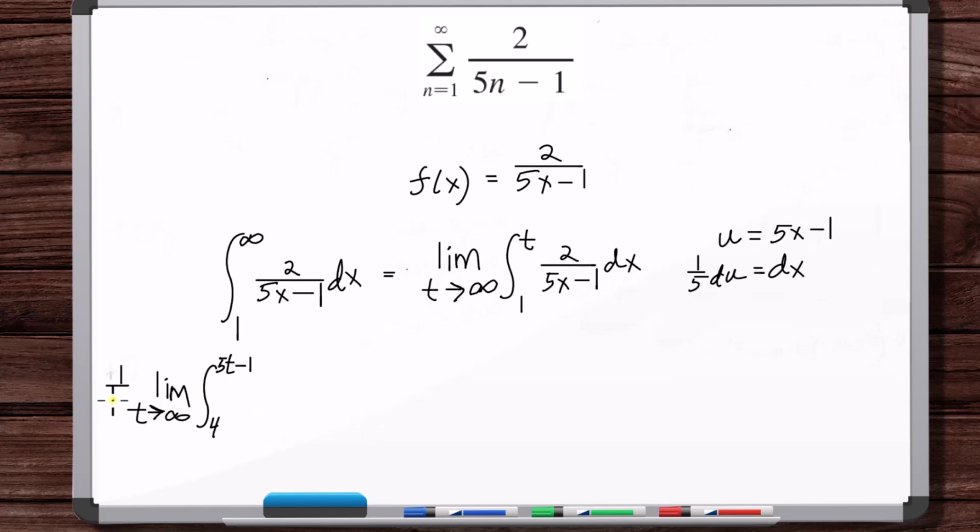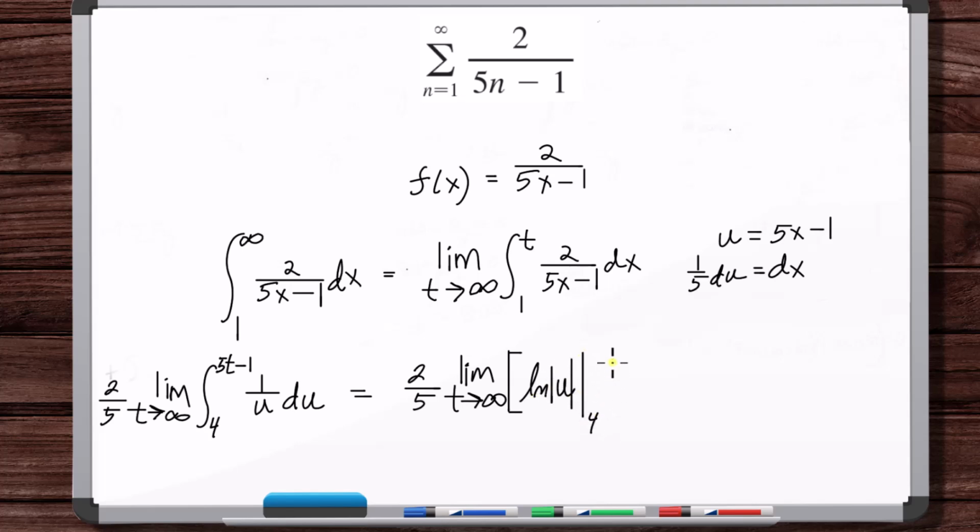Okay, we can take out this 1/5, even in front of the limit. And we've got 2. We can take out the 2 as well. And we've got 1 over u du. So this is 2/5, the limit as t approaches infinity of the natural log of the absolute value of u, evaluated from 4 to 5t minus 1.